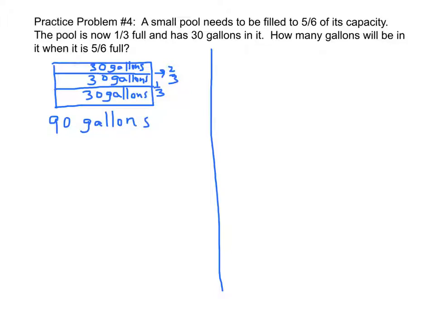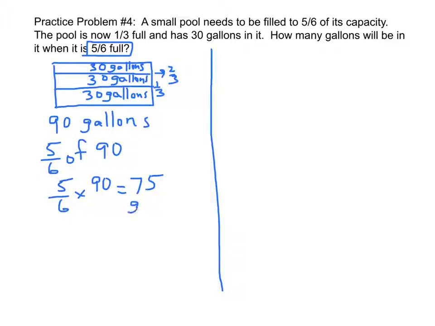It says it's going to be 5/6 of the way full. So I want to know what is 5/6 of 90. So I am just going to multiply once again 5/6 times 90. And if I do that on a calculator, 5/6 times 90 gives me 75 gallons for an answer.